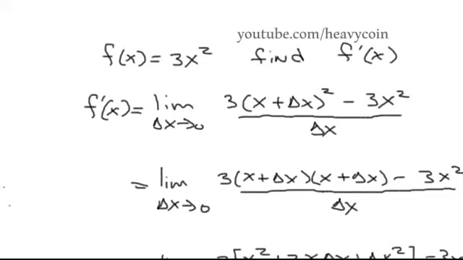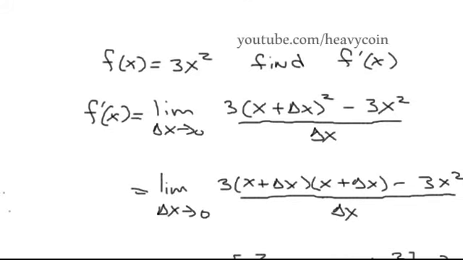I just wanted to slightly cover how to find the derivative using the definition. Now I'm going to give you a hint that there are shortcut methods that we're going to use in the future. We can't find the derivative of a function every time like this.